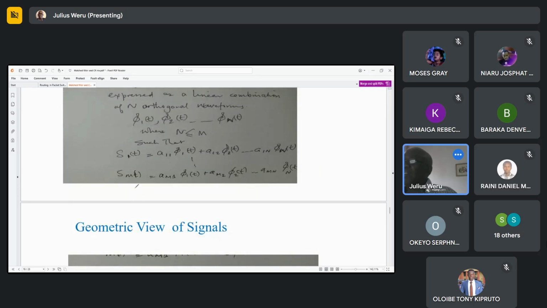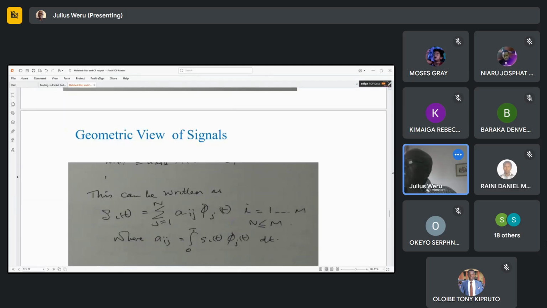So we can write that as A_ij phi j of t, where i goes from 1 to M, and N must be less than M. Where A_ij is this integral. You can get this A_ij by simply integrating s_i of t with phi j of t dt.